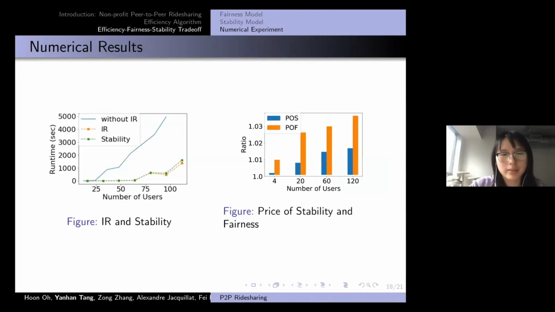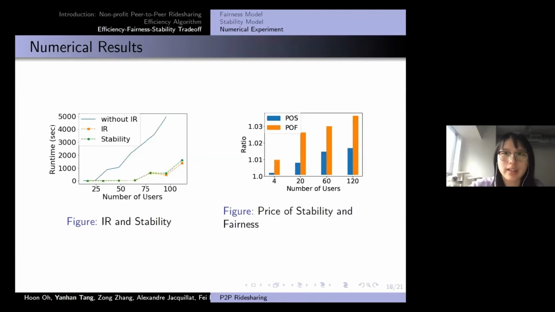And here's the result. First of all, we can see that by adding individual rationality and stability constraints, our runtime is actually significantly reduced. This is because we're exploring fewer routes and fewer possibilities by adding those stability constraints. We can also see that the price of stability and fairness is relatively small compared to the bulk of the efficiency part.